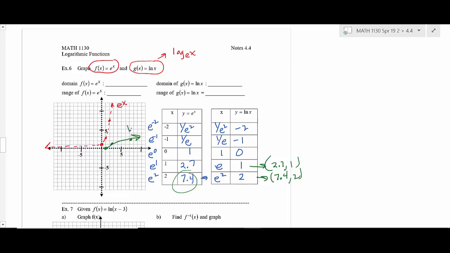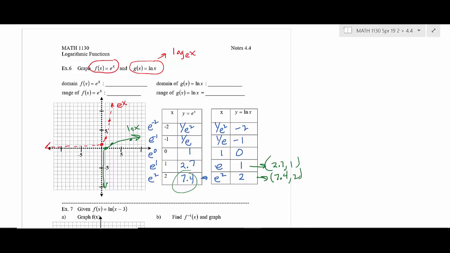So this would be the graph of ln x. It's just like the last problem, except this is base e. You do these exactly the same way. Okay, all right. So if you look at the domain and range, this is just showing you what the domain of e to the x is.